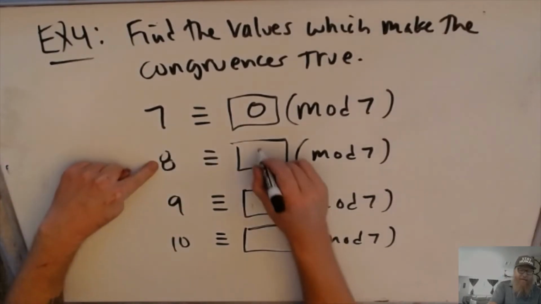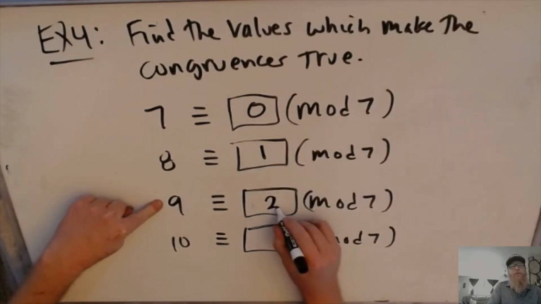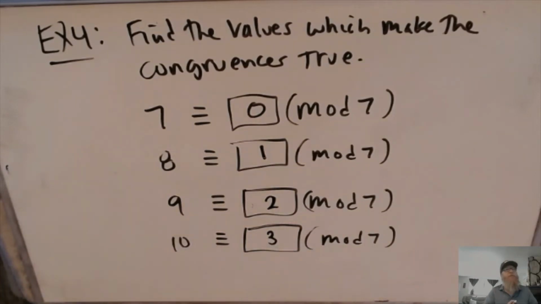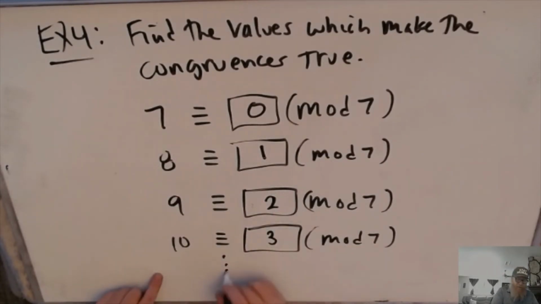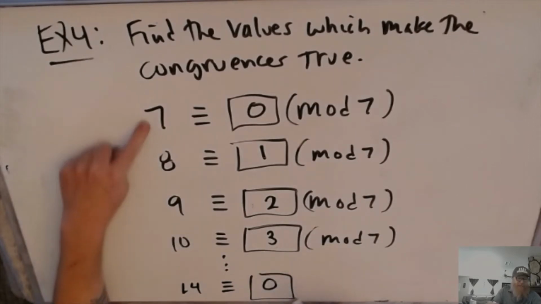Well, then 8 is going to act like 1. 9 is going to act like 2, be congruent to 2. And 10 is going to be congruent to 3. You could continue this pattern. By the time you get to 14, you'll be back at 0 again.